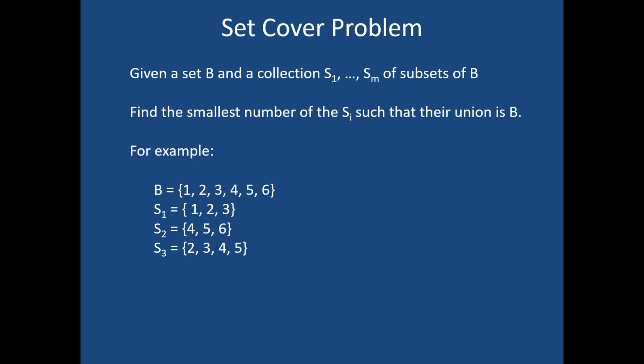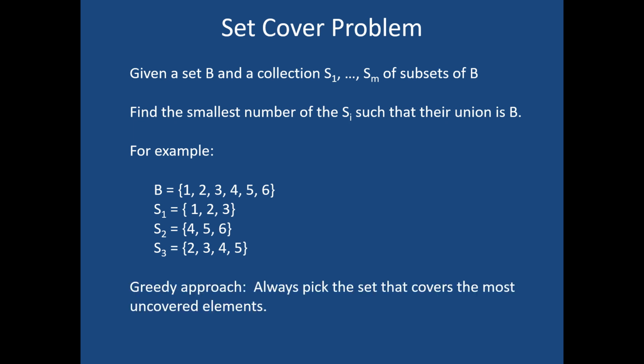So here's a set cover problem. Find the smallest number of sets, of these sets S1 through S3, such that their union is B. What is the answer to this? What's the smallest? S1 and S2, take the union. This is an NP-complete problem.